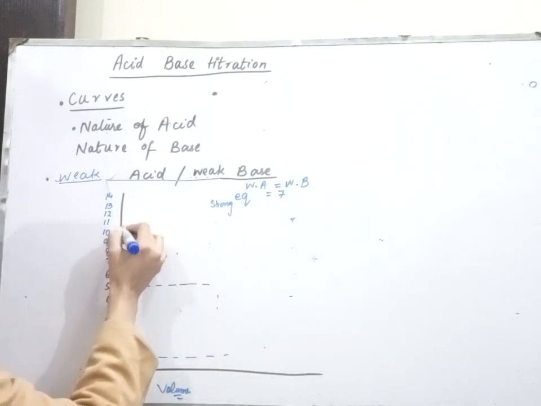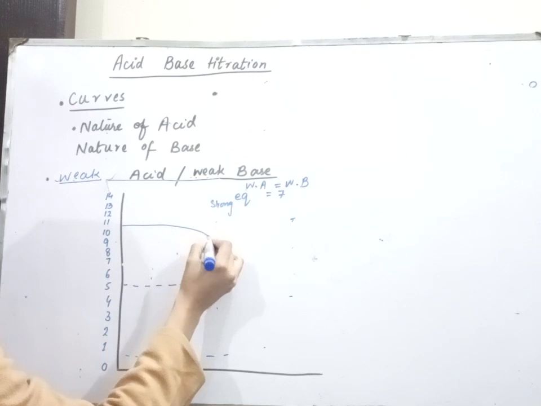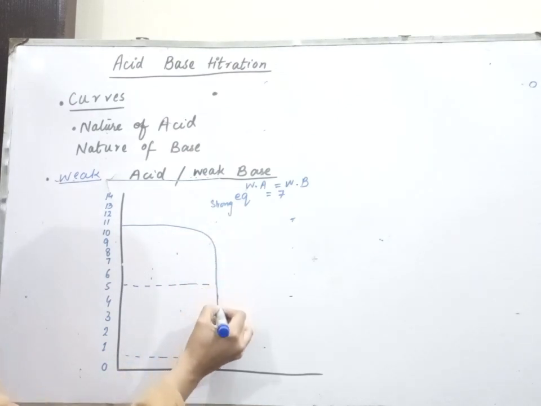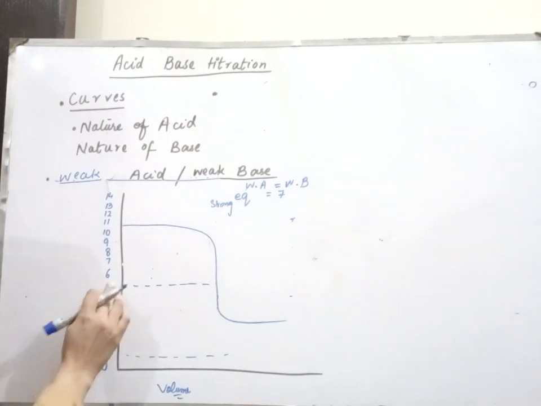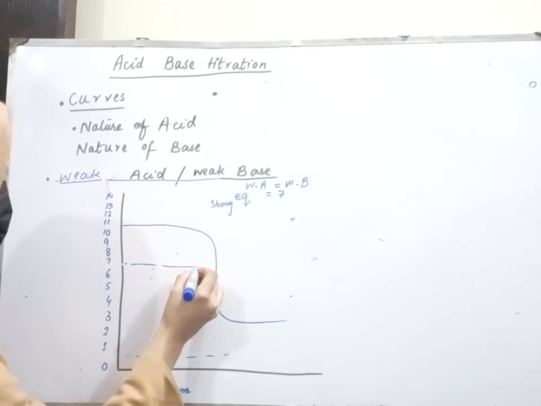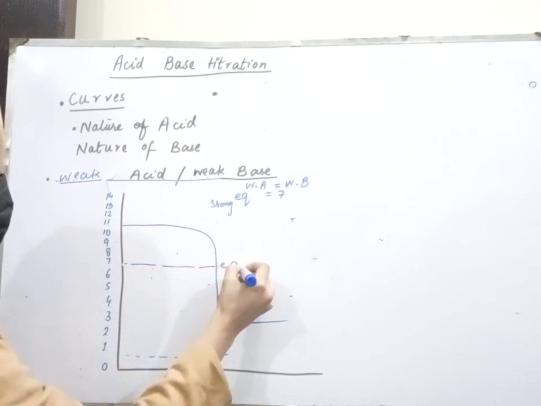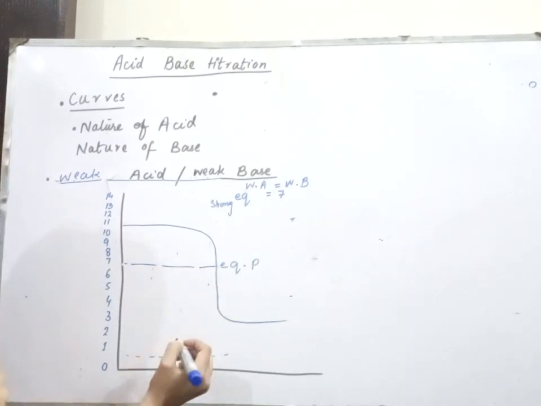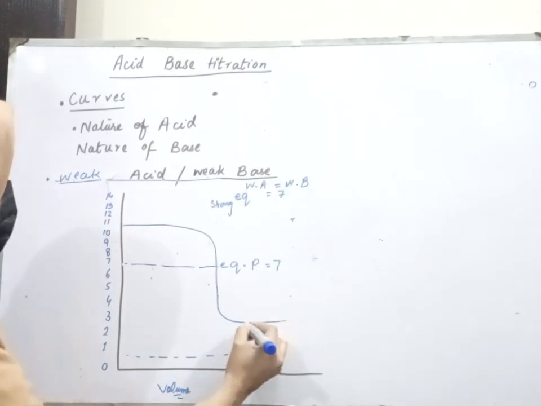Here it will start from 11, and here will be the equivalence point, and it will end at 3 or 3.5. This will be the equivalence point, 7, for weak acid and weak base.